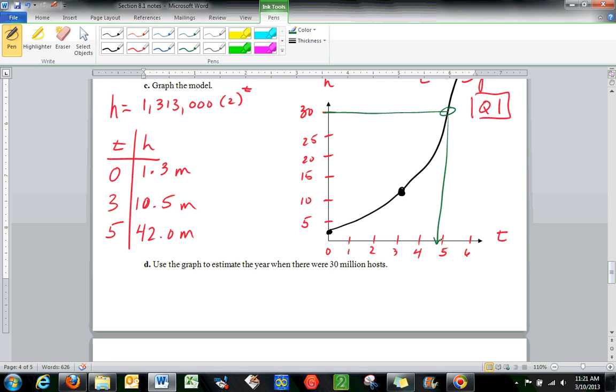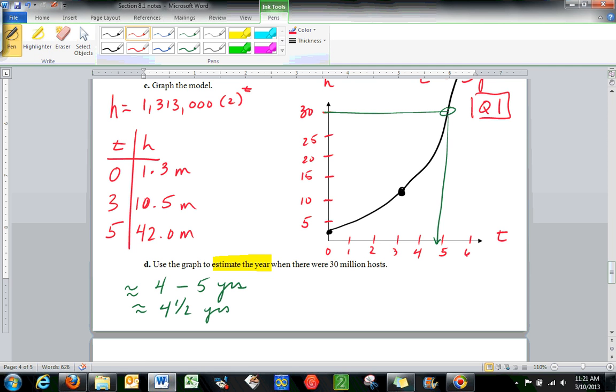as far as scaling out my graph, but we know it's not going to be 5 years completely because 5 years got us to 42 million. So we can say that it's going to be somewhere between 4 and 5 years. If you wanted to just say 4.5 years, that would be an okay approximation as well. Now it says what year, so we want to know specifically what year that would be.